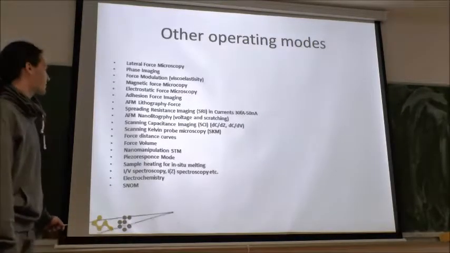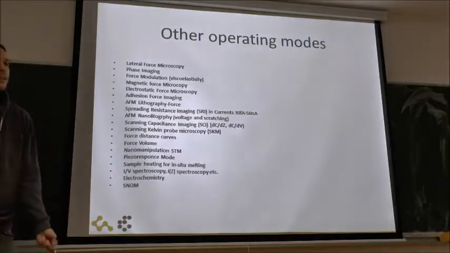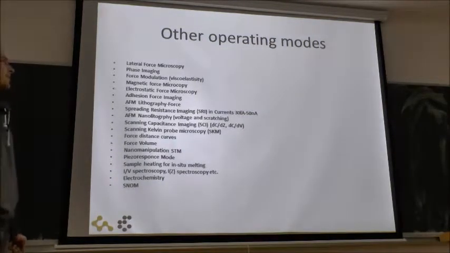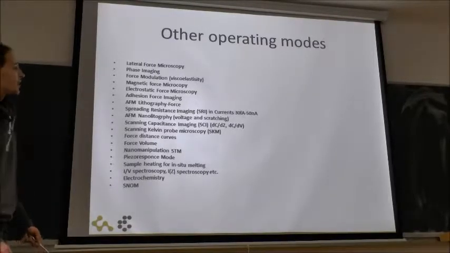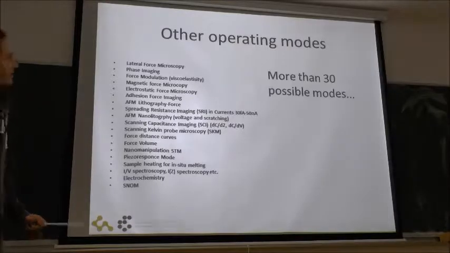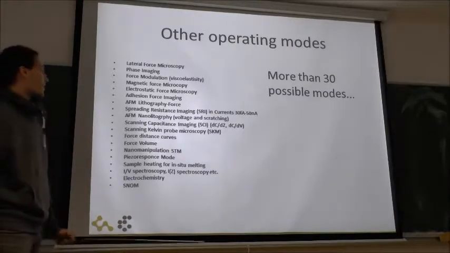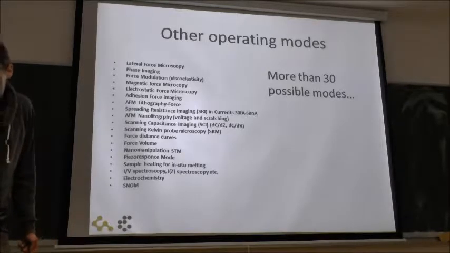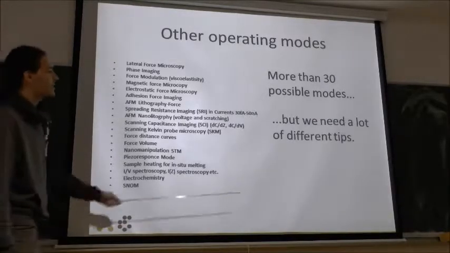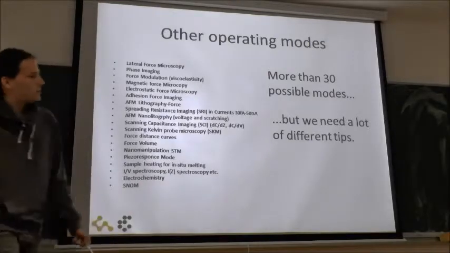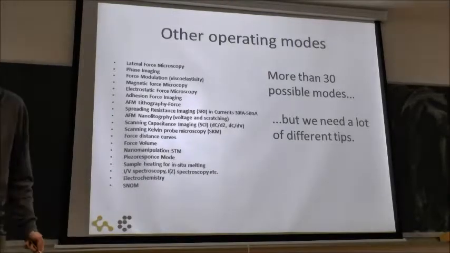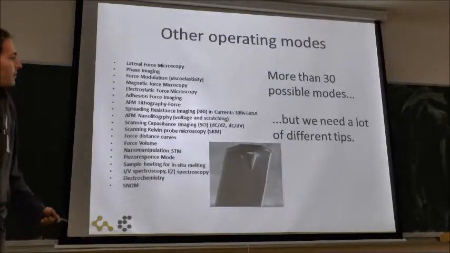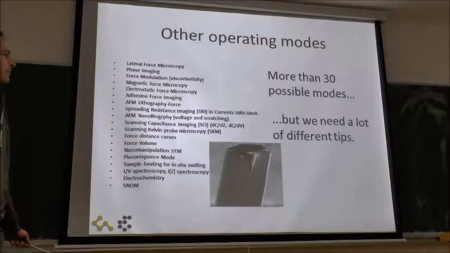So here is the list of the different modes that can be used. I won't stress everything because there are more than 30 possible modes, but all these modes have a special requirement, and this is the need of a lot of different tips that are quite expensive. So here are some examples of these tips.